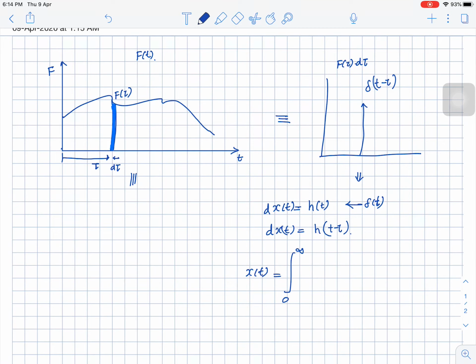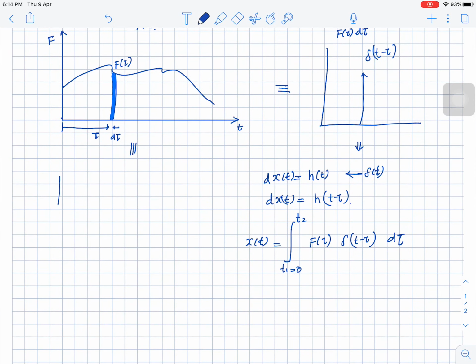So 0 to infinity, here it is time. So instead we will say t1 to t2, t1 equal to 0. Then we will write f of tau delta of t minus tau d tau. So this is the equation.